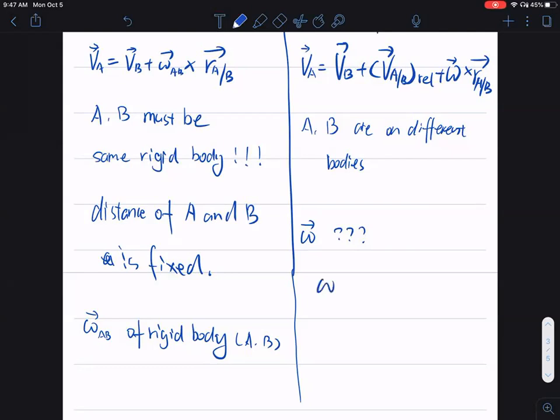So in chapter 3, omega is the angular velocity of your local coordinate system. So it depends on where you set up your moving coordinate system. It's not just the omega for A or omega for B. It's the omega of your moving coordinate system.